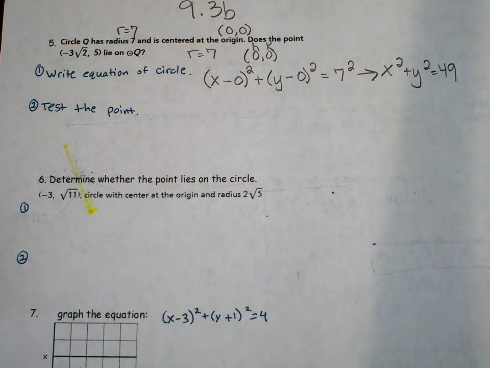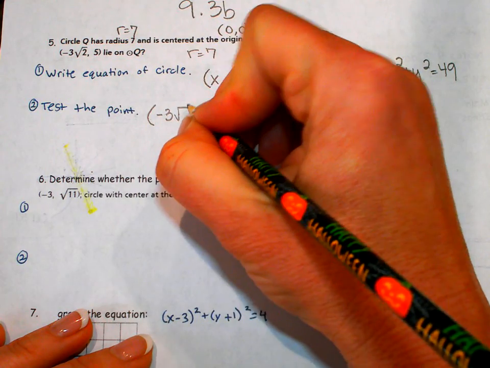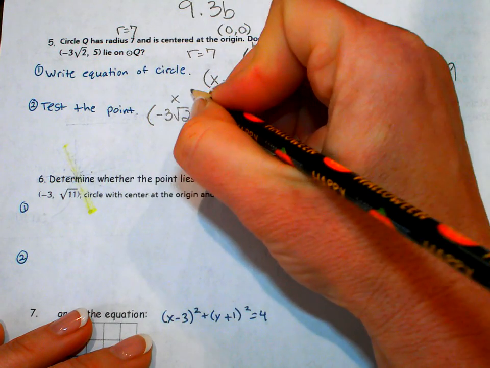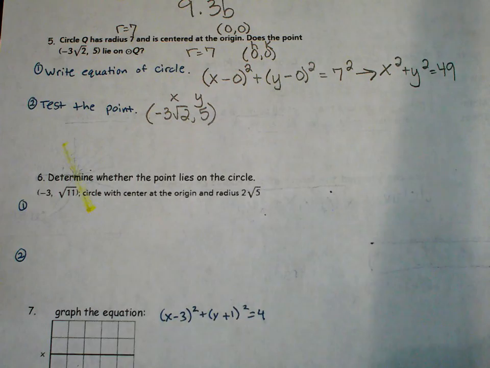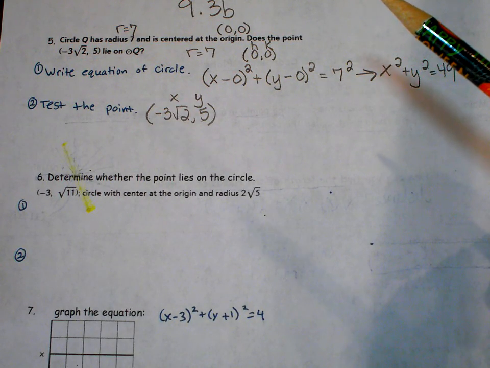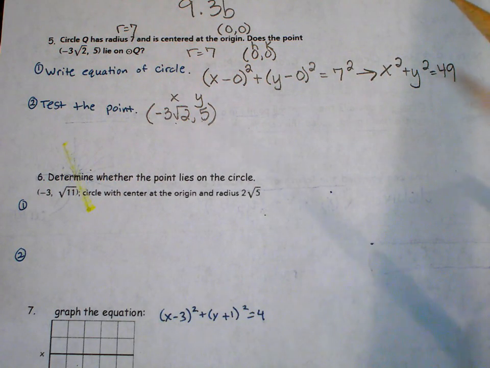Now it's asking, is the point I was given, (−3√2, 5), on the circle? Anytime before, when I have been given a point (x, y), I plug it in for x and I plug it in for y.